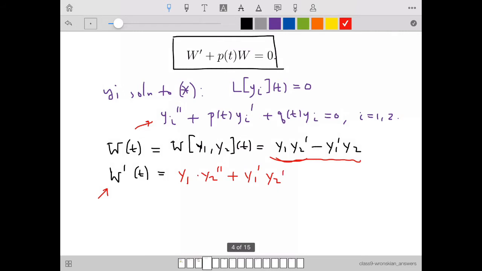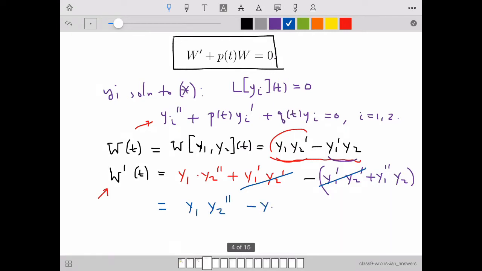We did the product rule on this portion, and then we have minus, and we do the product rule there: y1 prime y2 prime plus y1 double prime y2. These two cancel out. We get y1 y2 double prime minus y1 double prime y2.